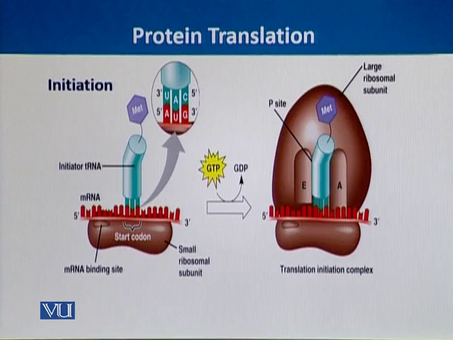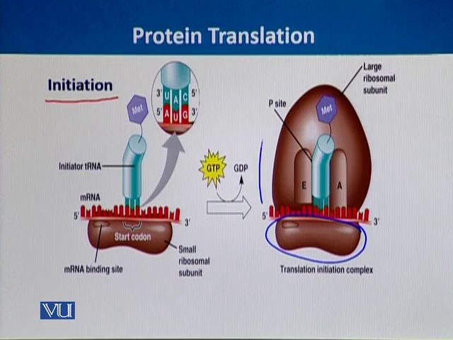So protein synthesis or protein translation can be divided into three parts. First part is the initiation part. And we all know that this protein synthesis or translation takes place in ribosomes. And we also know that ribosomes are divided into two subunits. One is the smaller subunit and the other is the larger subunit.